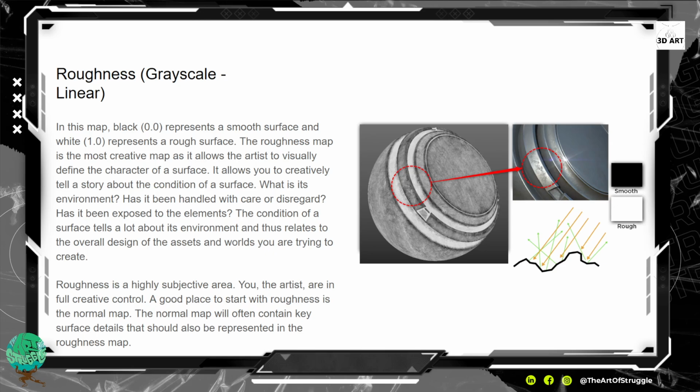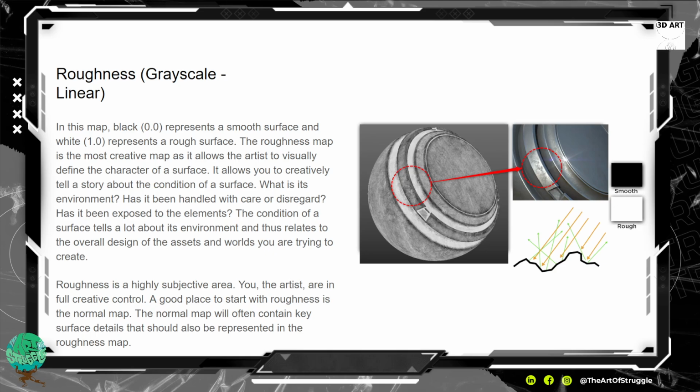Height map uses 0 to 1, and they'll mean different things. For the metal map, 0 to 1 refers to black and white, which is black is dielectric, white is raw metal. The roughness map is probably the most creative map, which allows the artist to visually define the character of the surface.